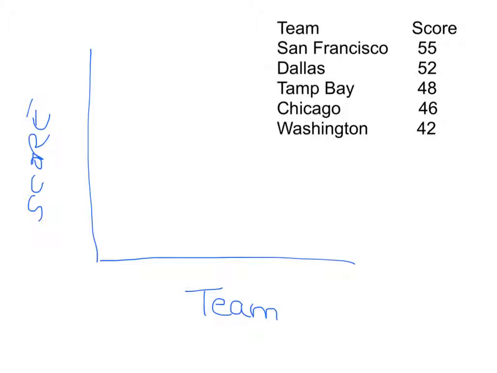I'm going to label the bottom just with the initials of the team, so SF, D, TB, C, and W. And then up the side, you have 0 at the bottom, but I'm going to actually start my graph at 40 and go to 60.